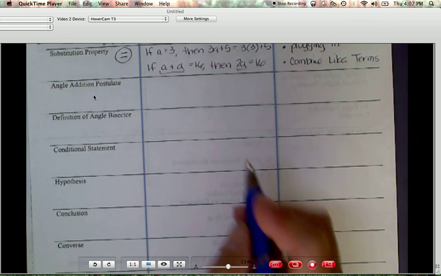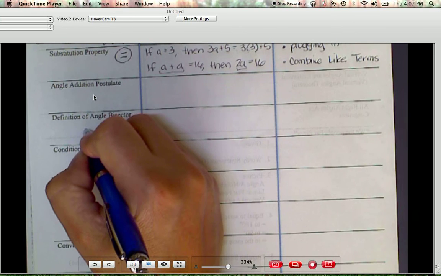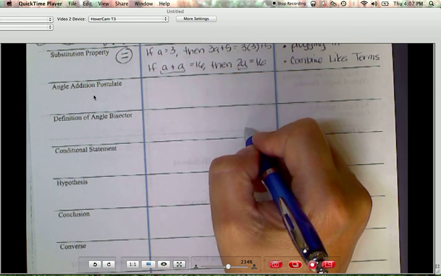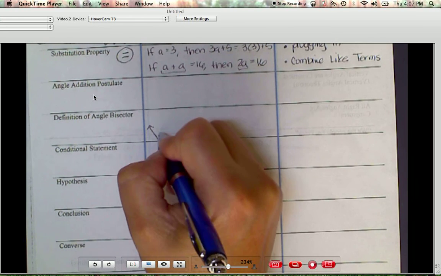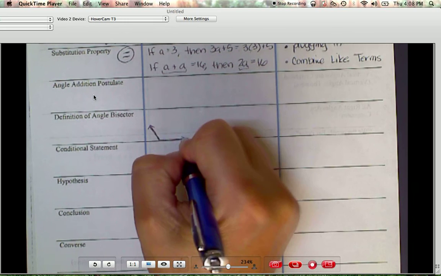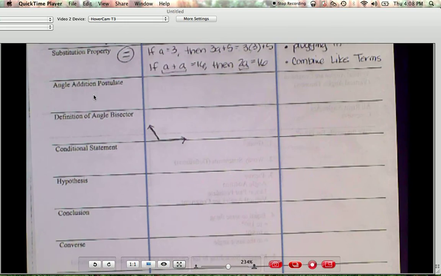Here's what we're talking about. If we've got an angle, if we bisect an angle, think what that sounds like. Bisect. It sounds like dissect. Now the bi, like bicycle, means 2. So sect means to cut, and bi means 2.